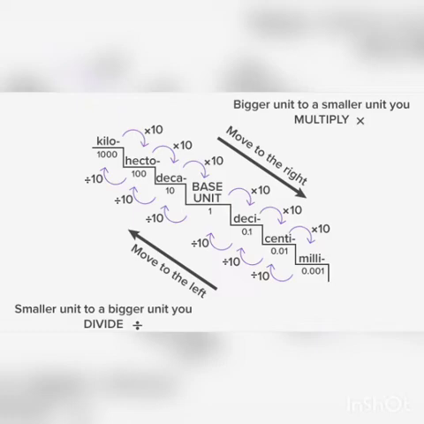But when you're converting smaller to bigger, you will divide it. See here, when we want to convert kilogram to hectogram, you will multiply by 10 because only one unit you are jumping, so into 10. If you are jumping 2 times, into 100.